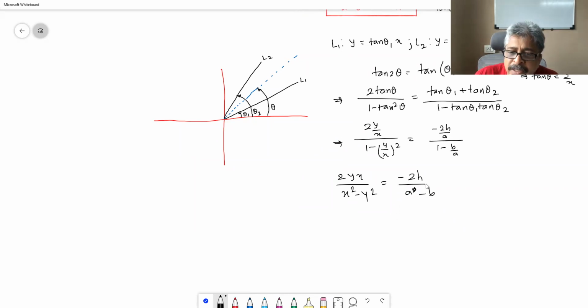Is it going right? And therefore we get x square minus y square upon a minus b is equal to xy upon minus h. What happens here?